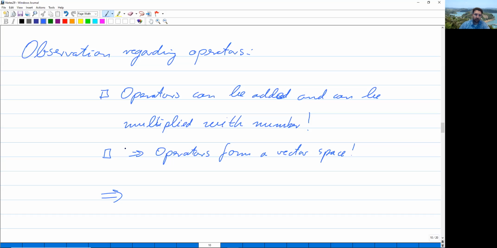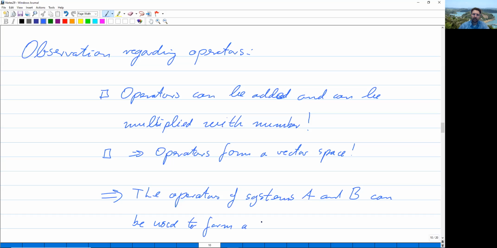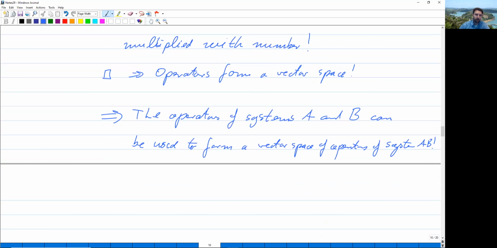All of this is to say that the operators of systems A and B can be used to form a vector space of operators of system AB, namely by using the tensor product.